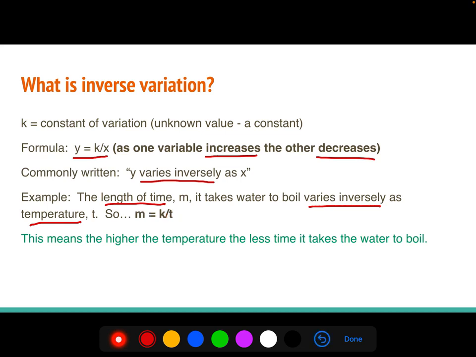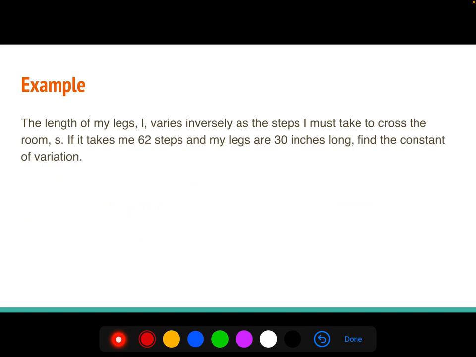That's why one is on top of the fraction and one is on the bottom. That means the higher the temperature, the less time it takes to boil. So inverse variation, an interesting little concept. Let's practice some problems with it.